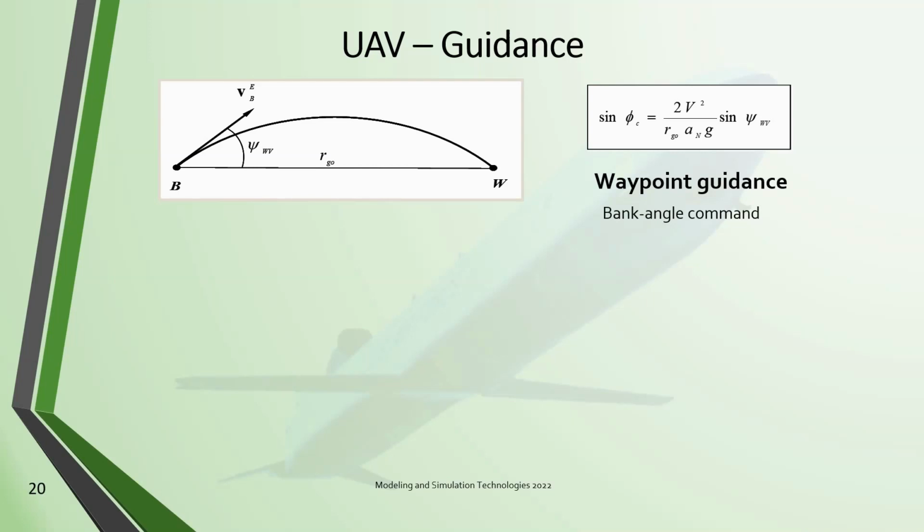You can find some of these terms on the left side. B is the position of the UAV, W is the waypoint, and you see here the heading angle and the range to go.